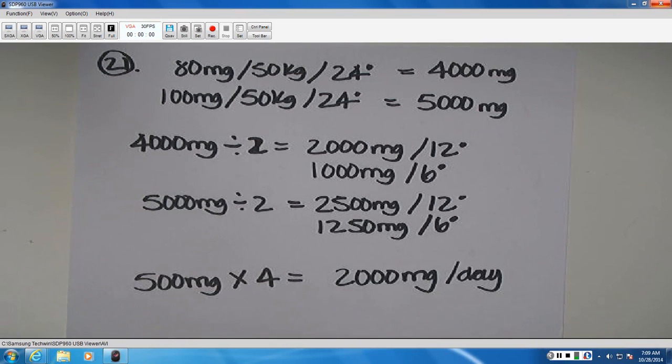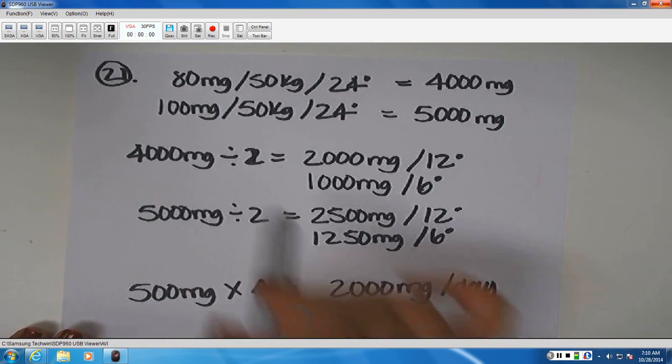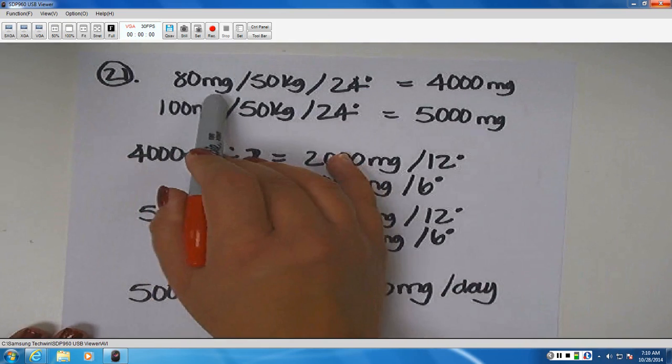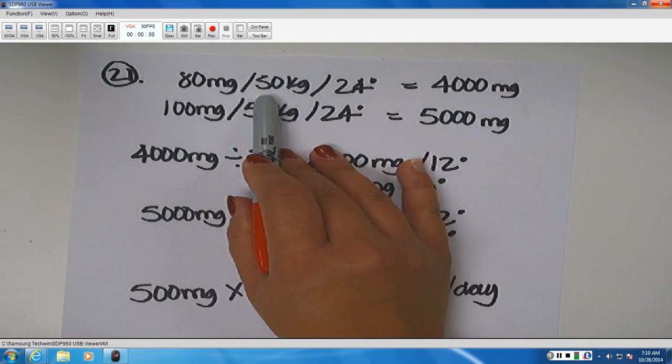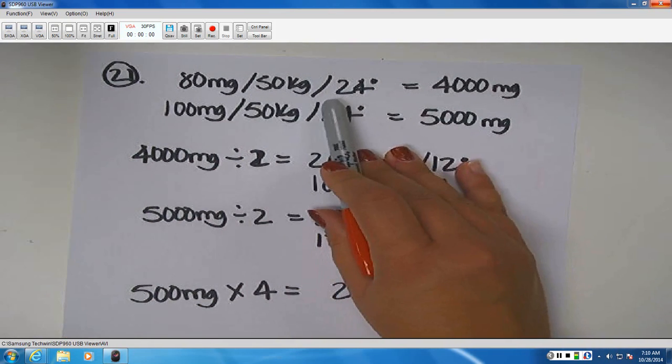So here, the first one is, what is a single dose range for this child? Well, again, I want to give 80 to 100 milligrams per kilogram in a 24-hour period for this child. So basically, you're going to take your 80 milligrams and multiply it by the child's weight, and that's in a 24-hour period.